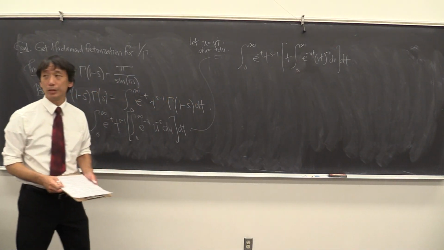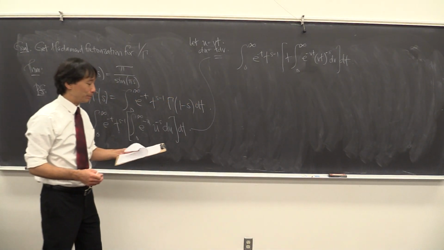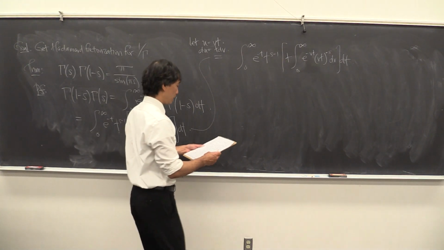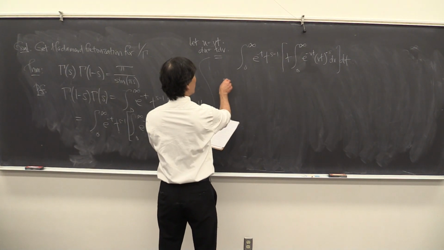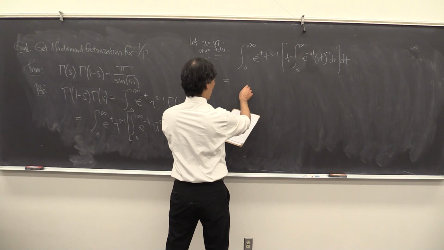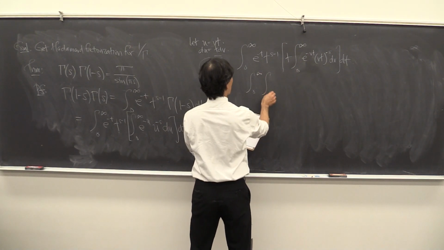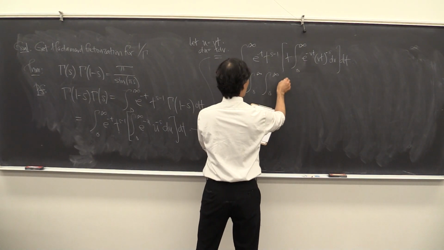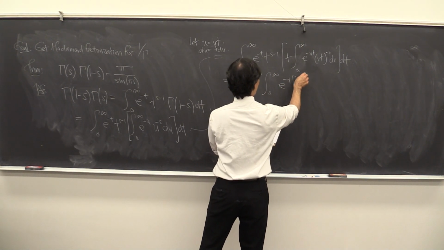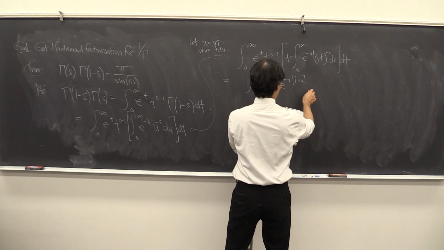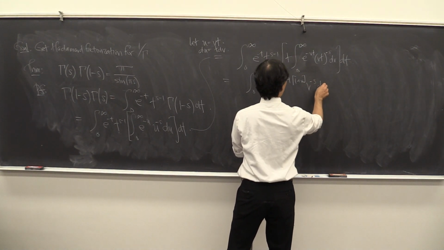So we just do a change of variable. Some cancellation occurs. You end up with e to the negative t(1 plus v), v to the negative s, dv dt.